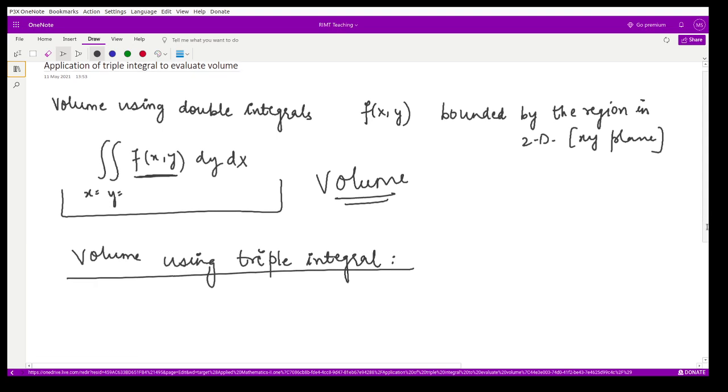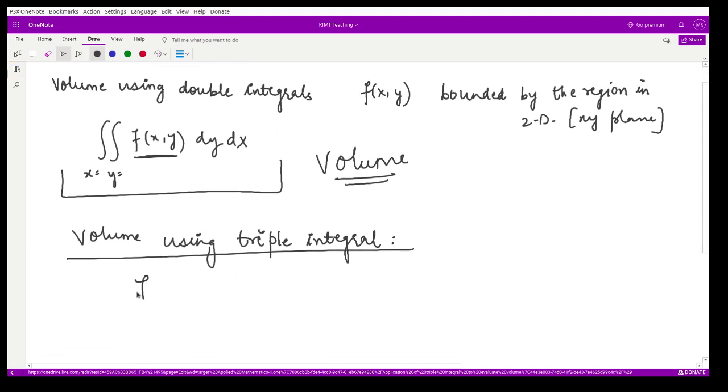Whenever you just take the function's value f of x, y, z to be equal to 1, and you define the region bounded in 3-dimensional space, not plane, space.